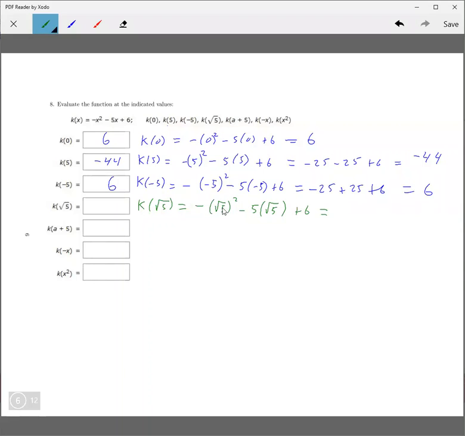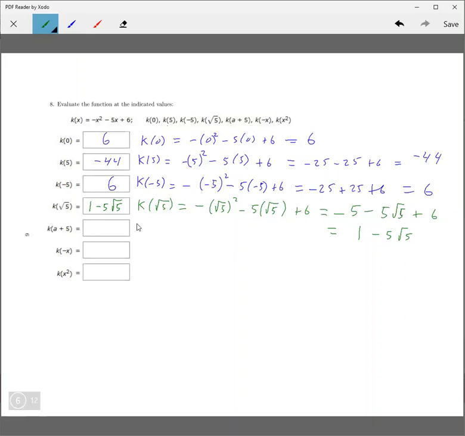The square root of 5 squared is positive 5, but then you have this negative sign out here, so that's negative 5, minus 5 root 5, plus 6. So negative 5 plus 6 is 1, minus 5 root 5. So 1 minus 5 times the square root of 5.